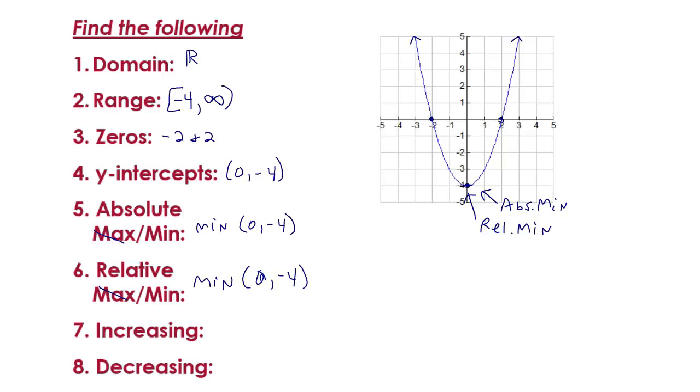Okay. When we are deciding how to break this up, I see that this function is decreasing from -infinity to 0. That's the x value here. And then it's increasing forever from 0 to positive infinity. So I'm increasing from 0 to infinity.